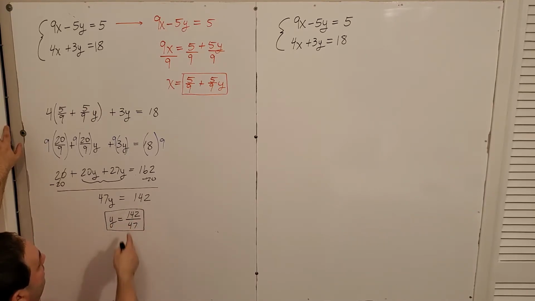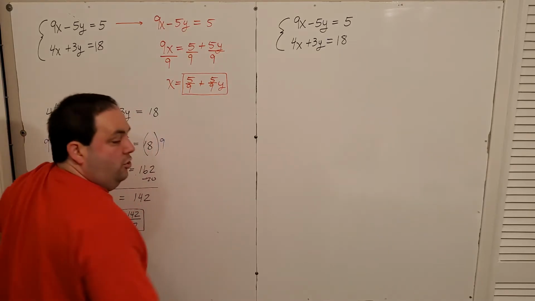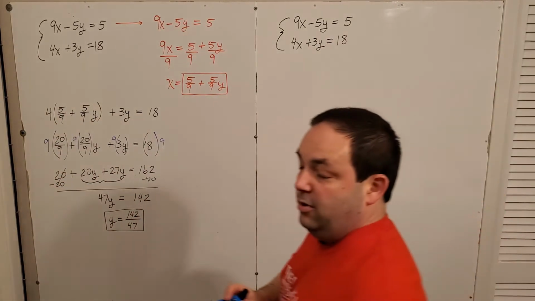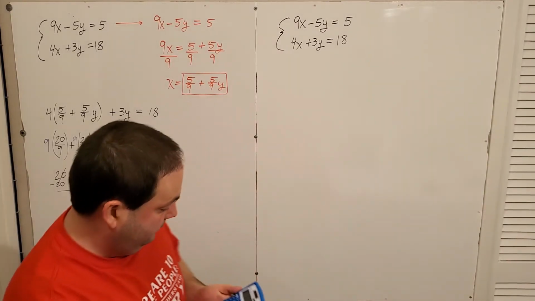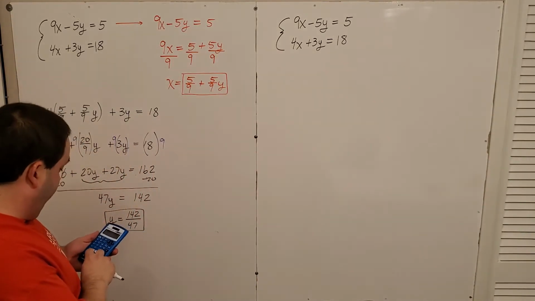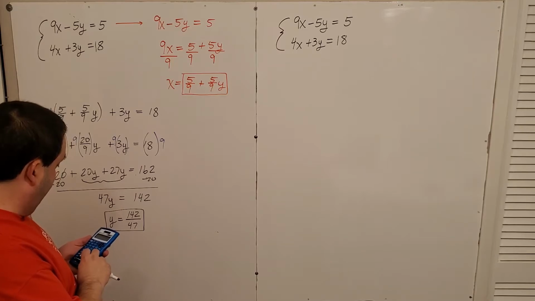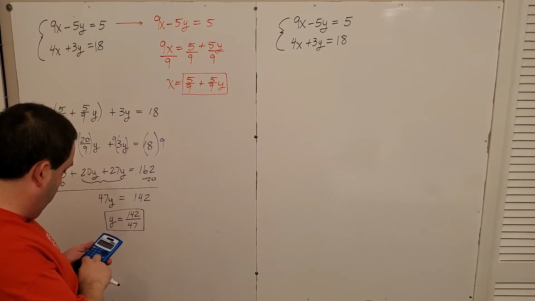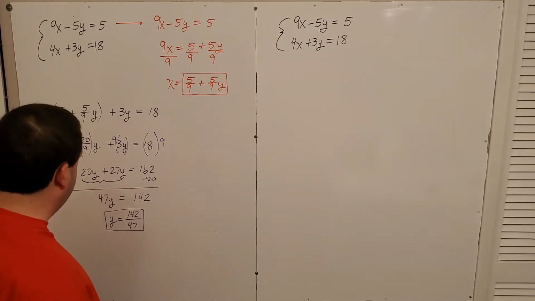Okay? Now 142 over 47, depending on the problem, maybe you're trying to locate this on a graph. So 142 over 47 is 3.02.